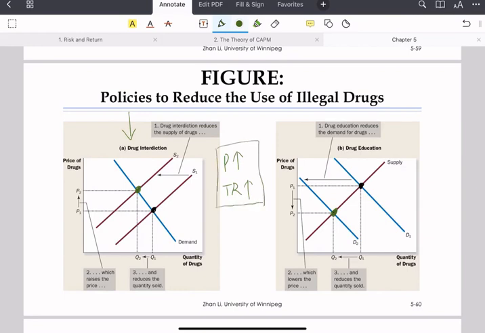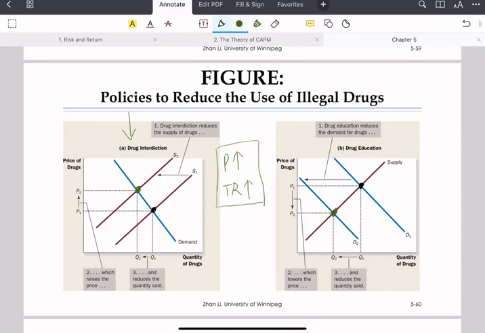Now, think about what happens if total revenue from selling drugs increases. This basically implies that people doing drugs will have to spend more money, right? So to obtain more money for drugs, there would be more drug-related crimes committed by these drug addicts, right?